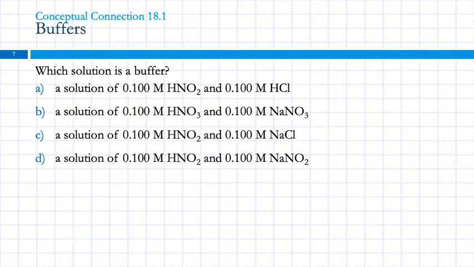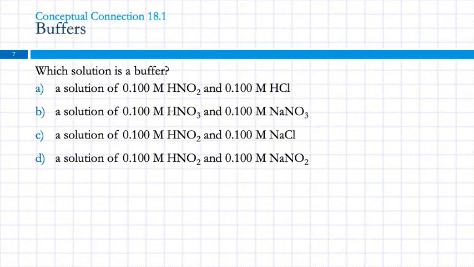So here's a conceptual question identifying a buffer. Which solution is a buffer? What are we looking for? A weak acid and its conjugate base, or a weak base and its conjugate acid.